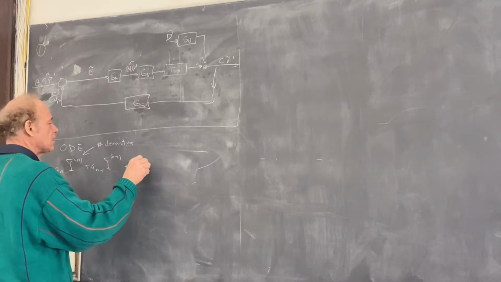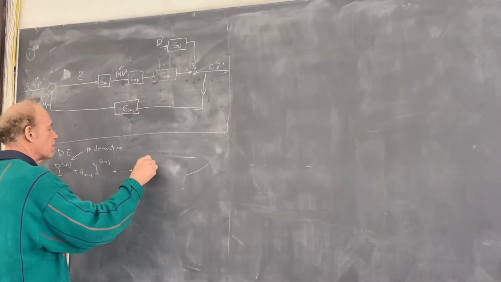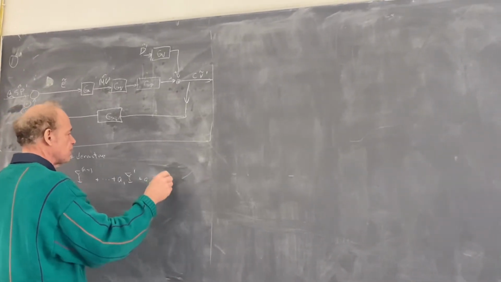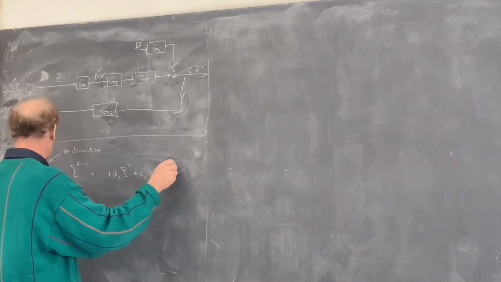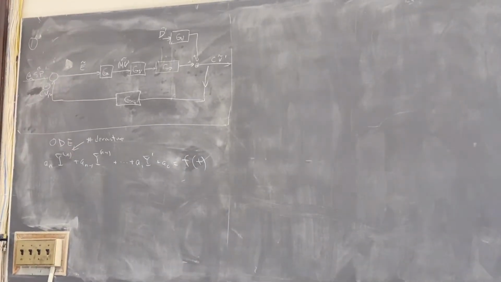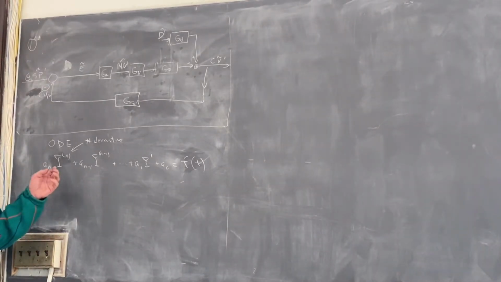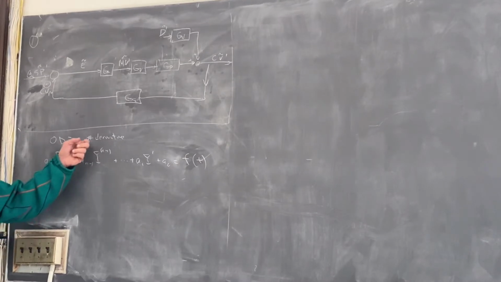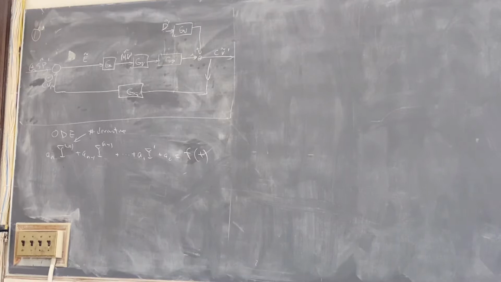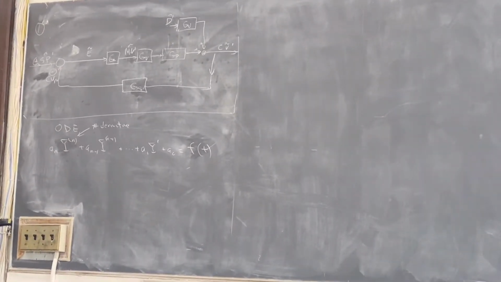Plus a_1 y prime plus a_0 y is equal to some forcing function f of t. So this is the form of our systems, where typically we've had either first-order systems or second-order systems, where the highest derivative is either 1 or 2. But of course, if we have n CSTRs in series, the highest derivative would be n.